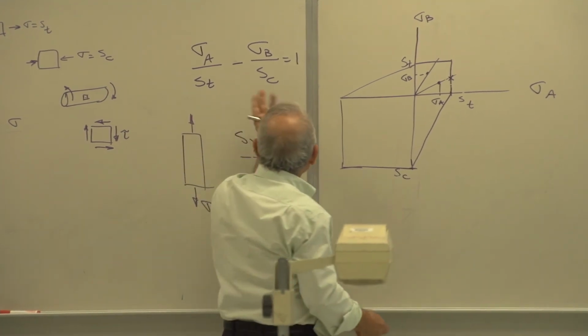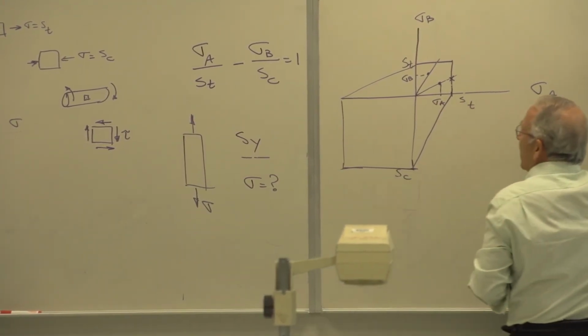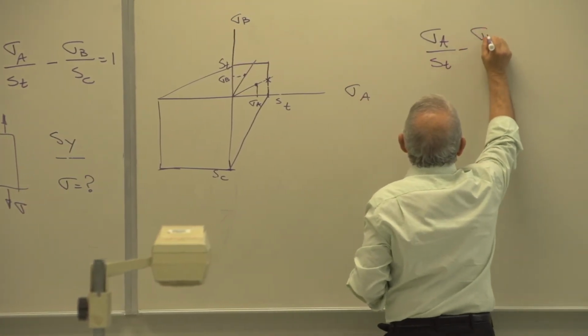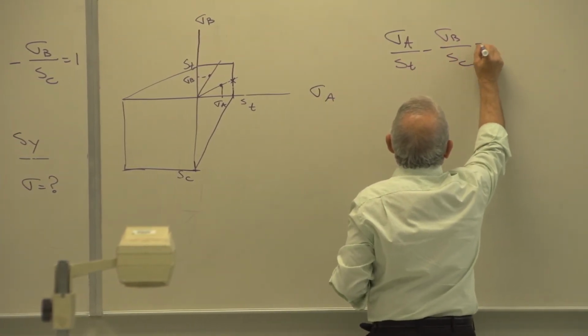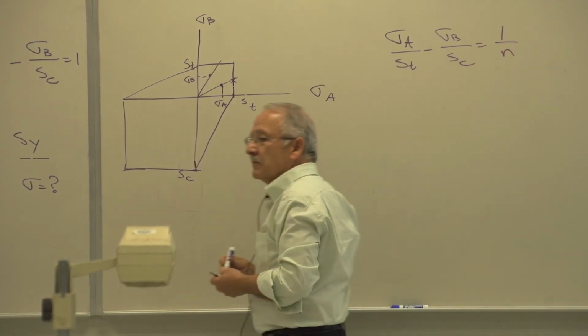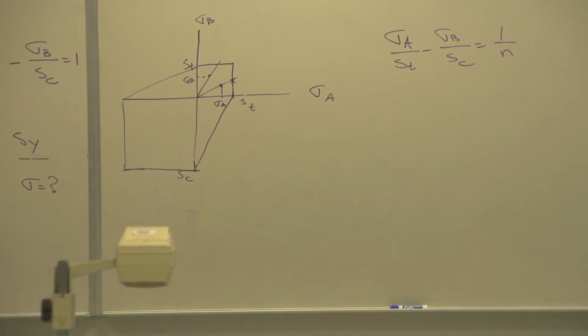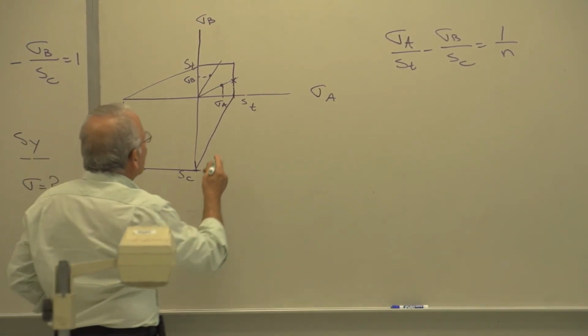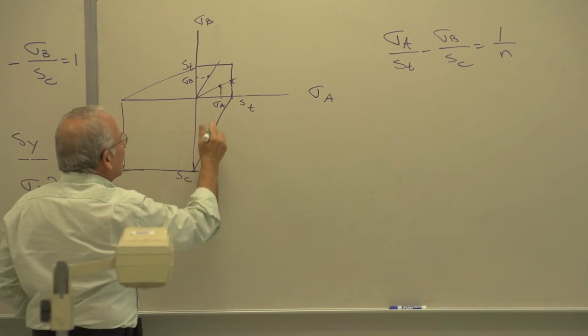In reality, actually, a better way to write it then would be like this. Sigma A over St minus sigma B over Sc equals 1 over n. Graphically, what we have done is this. We have said, this is not our limiting value.